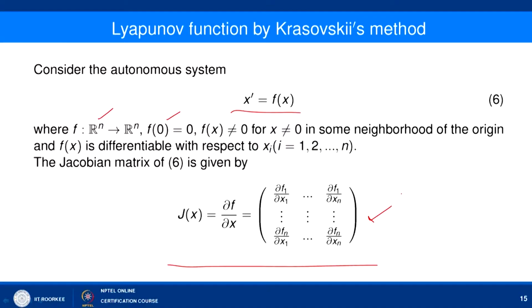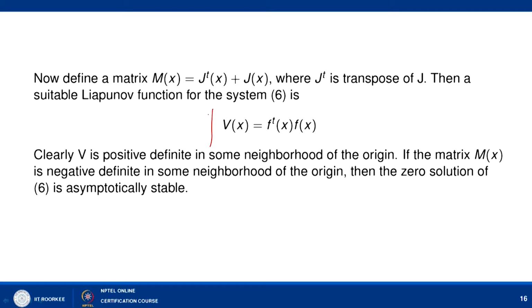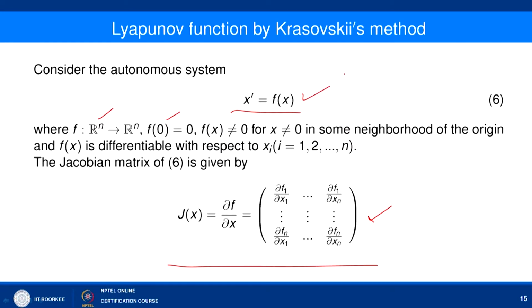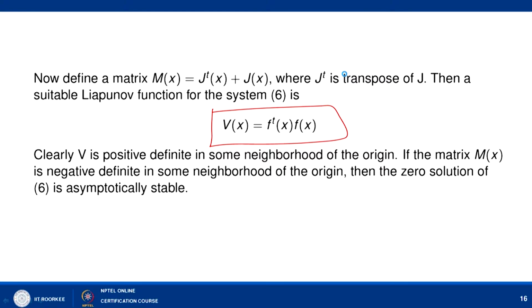Okay. So, now with the help of the Jacobian of f with respect to x, we can construct the Lyapunov function, and the Lyapunov function is given as V of x equal to f transpose x f of x, where f is given as this. Now, how to check that it is a suitable Lyapunov function?